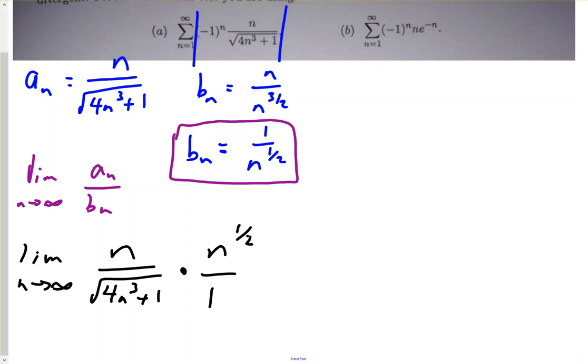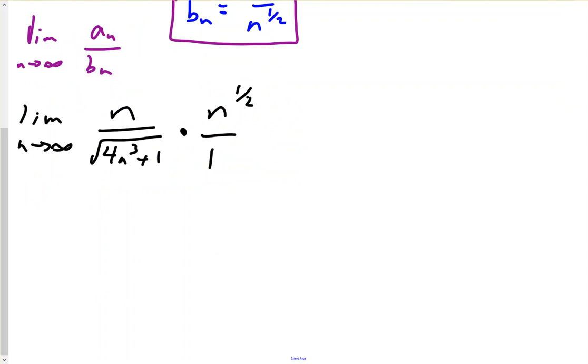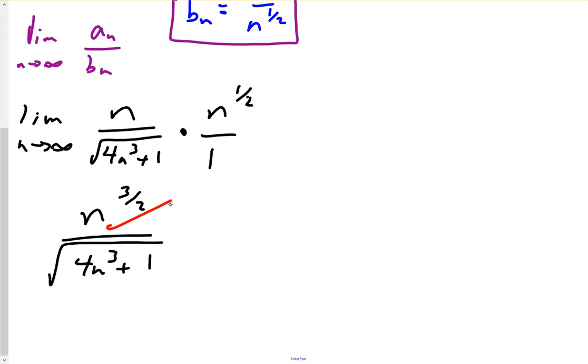Okay, so when we multiply n times n to the 1/2, we have n to the 3/2 over square root of 4n cubed plus 1. Okay, so now if I divide everything by n to the 3/2, so here I would divide by n to the 3/2. Now this term is inside the square root, so I could just divide inside by n cubed. Okay, that'll act like being divided by n to the 3/2.